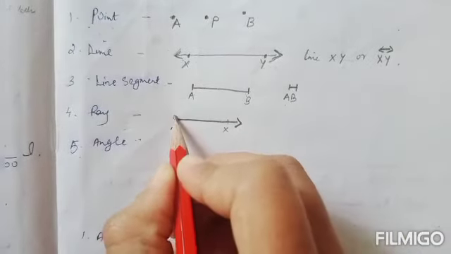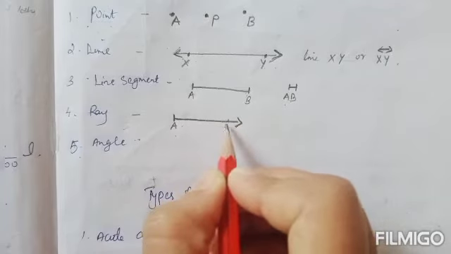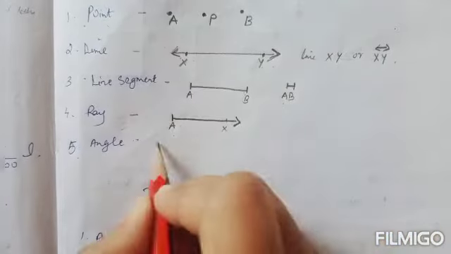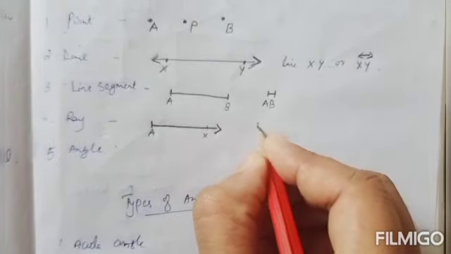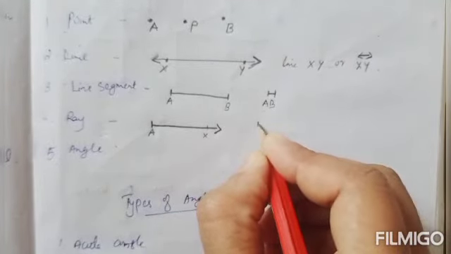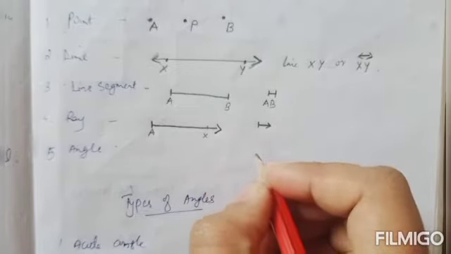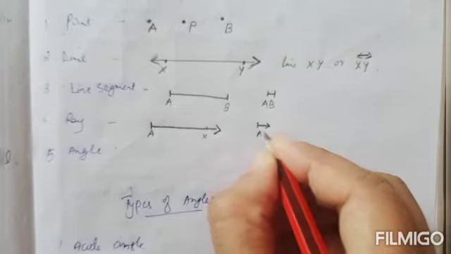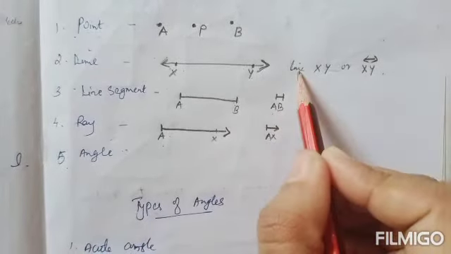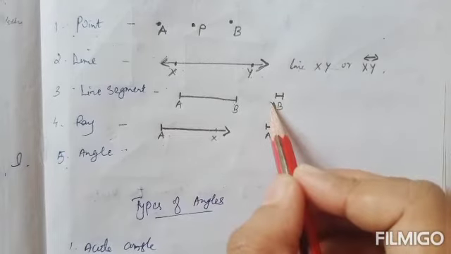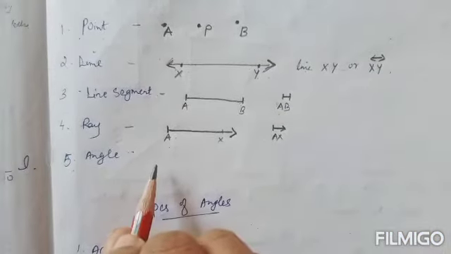Ray has 1 endpoint, and to the other side it will go endlessly. We will write ray AX with this symbol. So a line has no endpoint, a line segment has 2 endpoints, a ray has 1 endpoint.